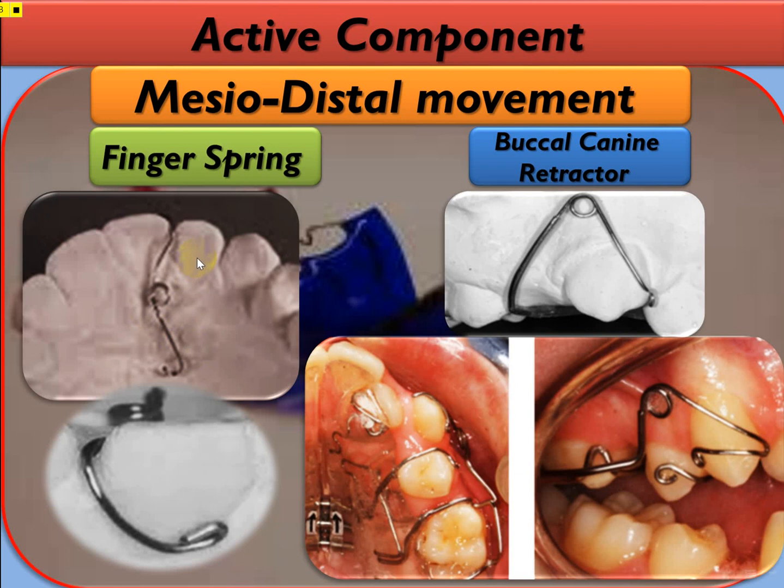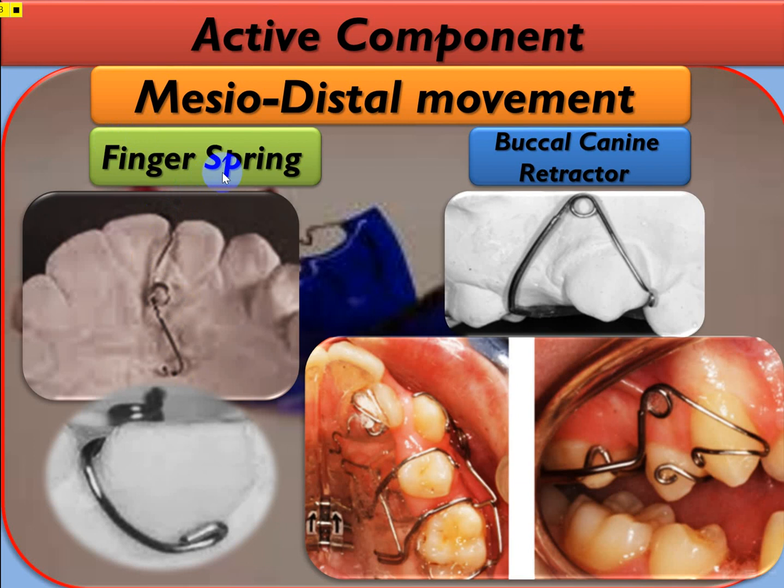The finger spring, whether simple or guarded, is used for mesial or distal movement of any tooth, whether central, lateral, canine, 4, 5, 6, any tooth in mesial or distal direction, but when the tooth is located within the line of the arch. The most common use of the finger spring is for distal movement of canines.